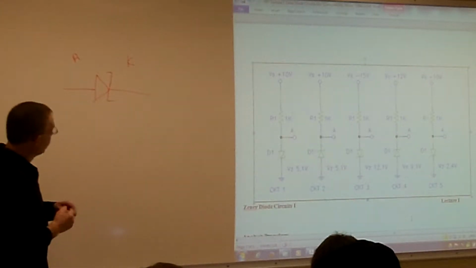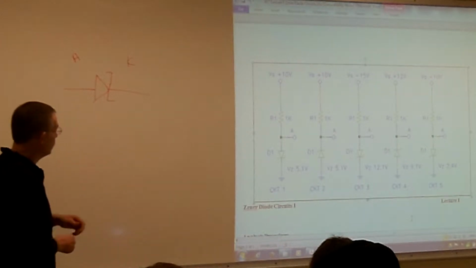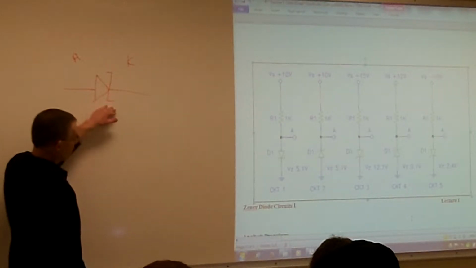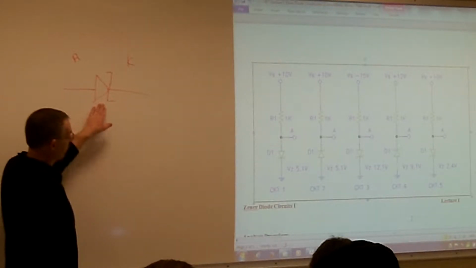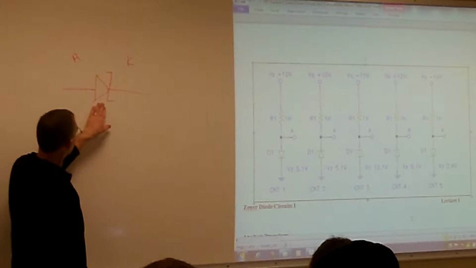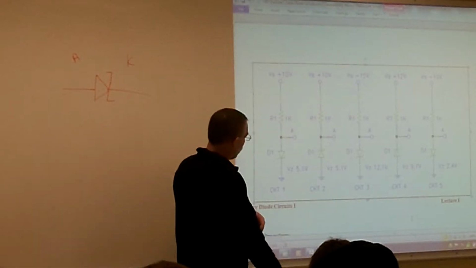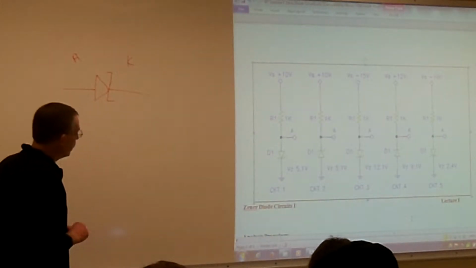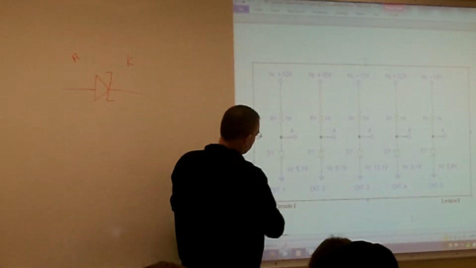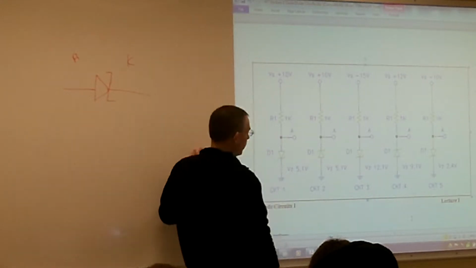Another name for a Zener diode is an avalanche diode. Typically they start calling them avalanche diodes when the reverse breakdown voltage of the Zener is greater than 5 volts. Otherwise, they're all categorized as pretty much a Zener diode.